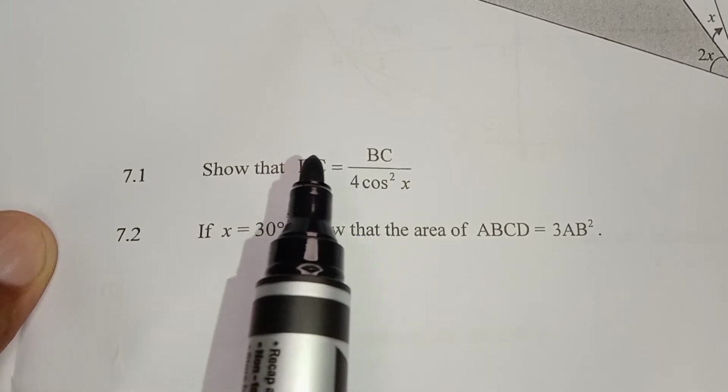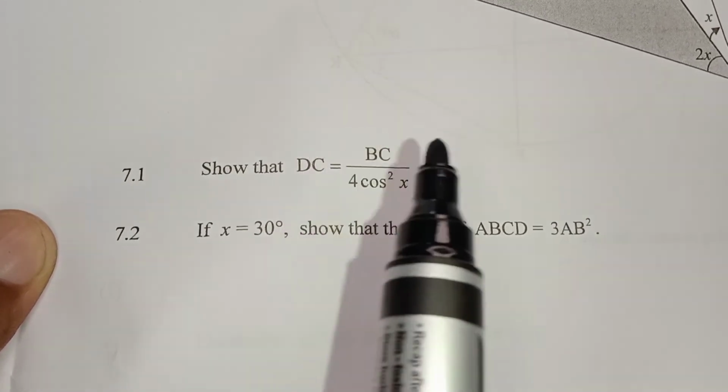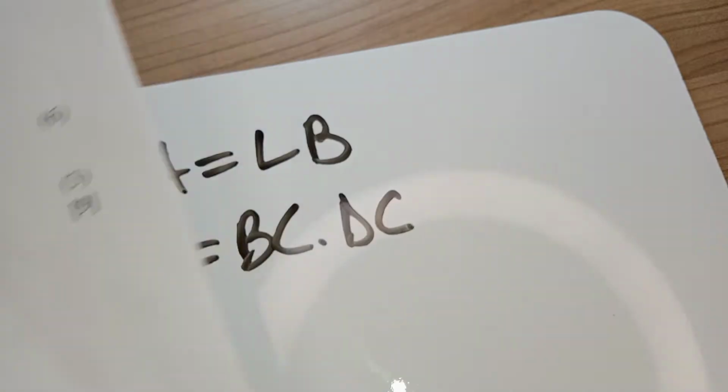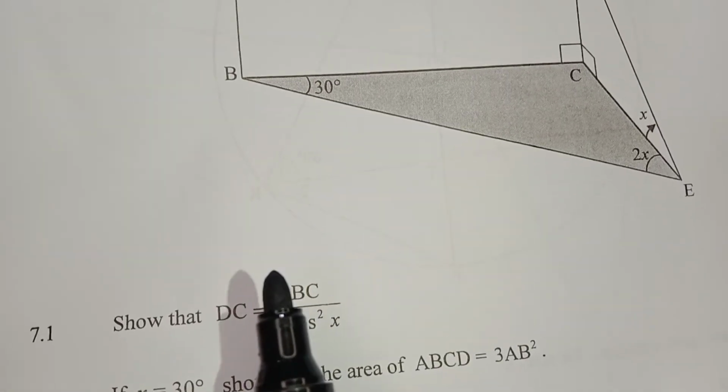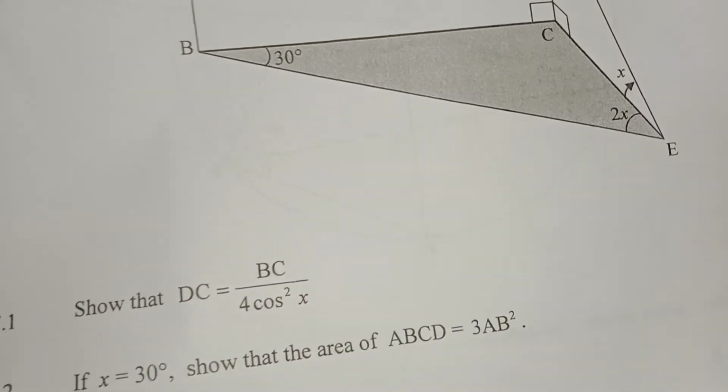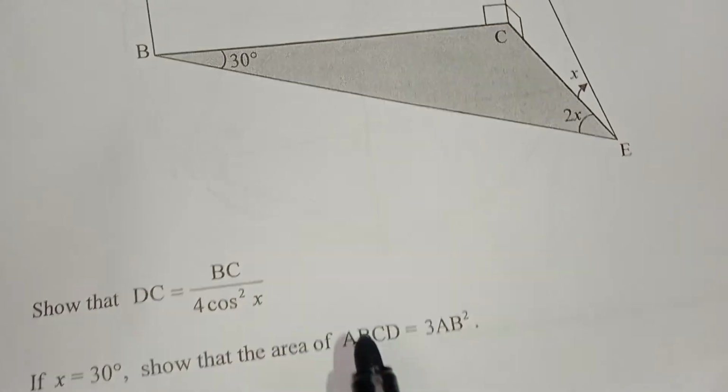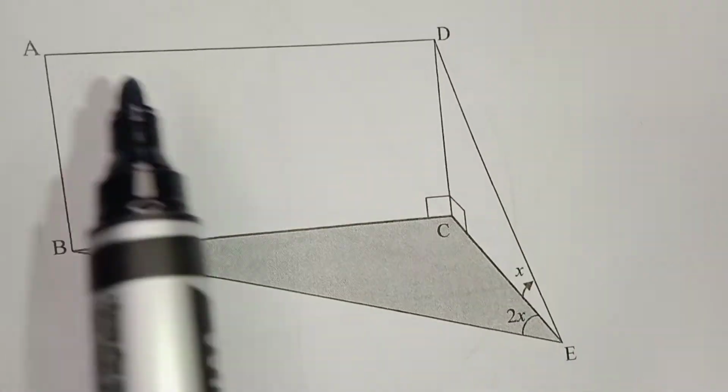But when we substitute DC by BC over 4 cos squared x, the BC is going to multiply this BC, then we're going to have BC squared, okay? And BC squared is a length.